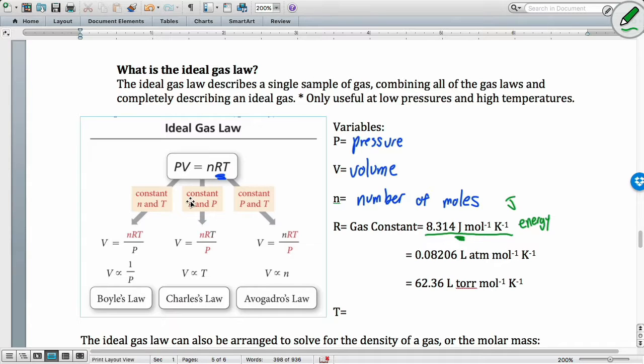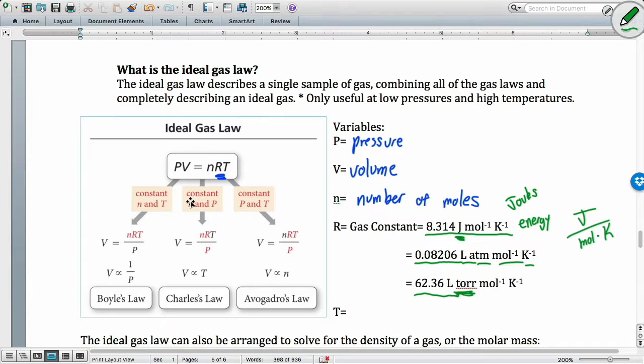J is for joules, which is a unit of energy, okay? So it's how many joules per mole Kelvin, again remembering that they use this weird little negative exponent instead of doing joules over moles times Kelvin. It's just what they do. It is 0.0821 in liters and atmospheres per mole Kelvin, and it is 62.36 when you're using torr.